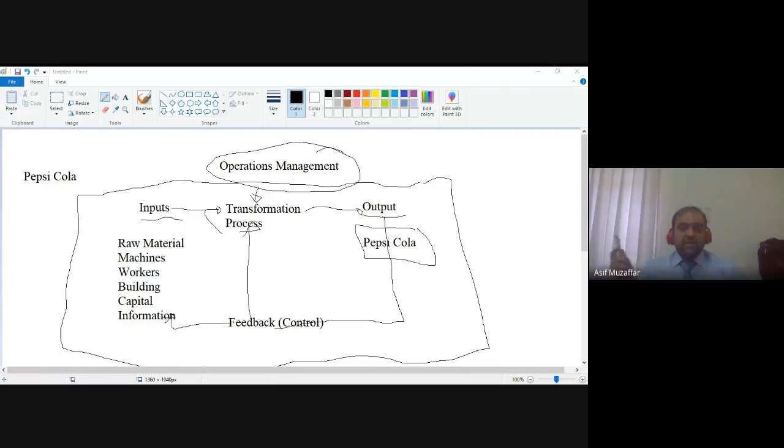Okay. Is there any question about operations management model? Can you make this input output model for hospital? Let us try. Because in your exam, I will only ask about making for some company. So can you make it for a hospital?